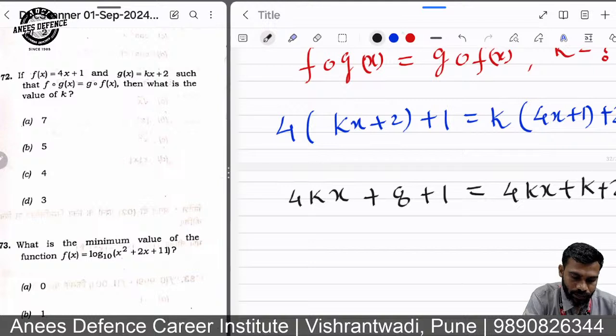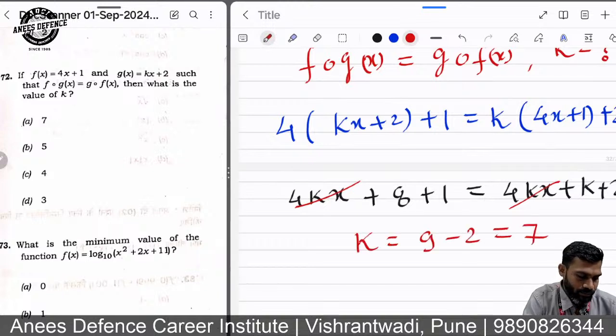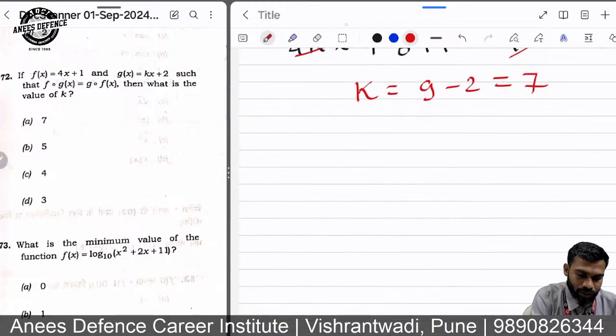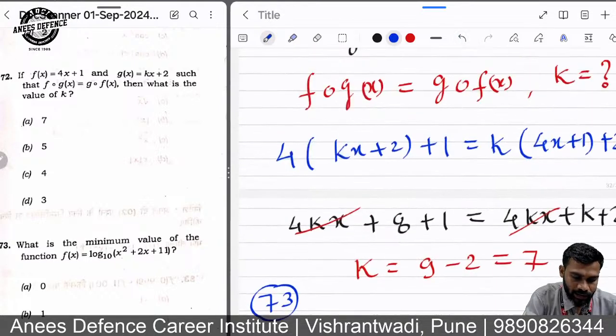See, from here 4kx and 4kx will get cancelled. So k will be equal to 9 minus 2. That will give you 7, right? Now, question number 72, sorry, 73. So option A is the right answer, right?